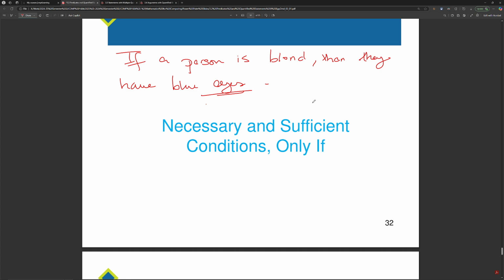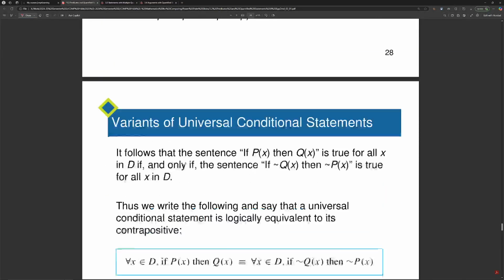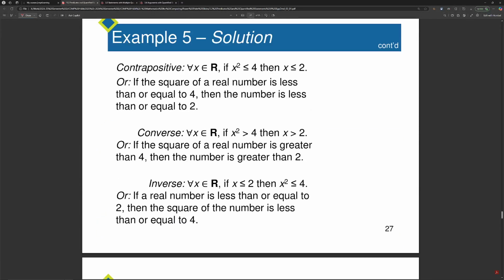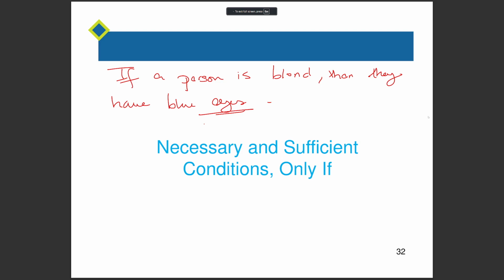If a person does not have blue eyes, then they are not blonde. So that is an example of this one here, if this is too difficult for you. Okay, we'll see more examples on the tutorial sheets as well.